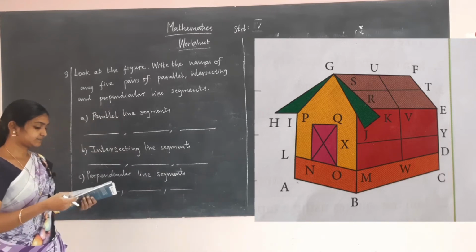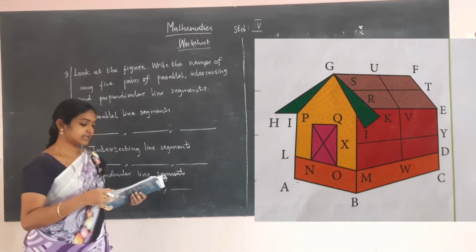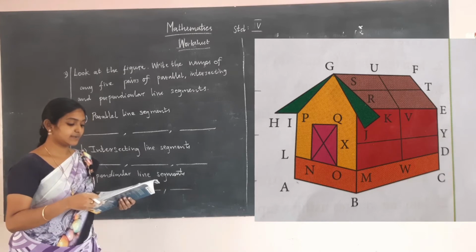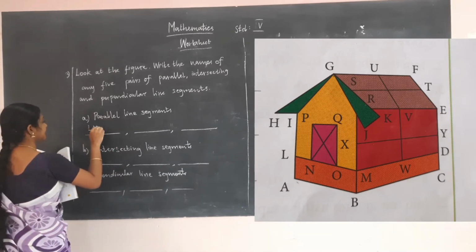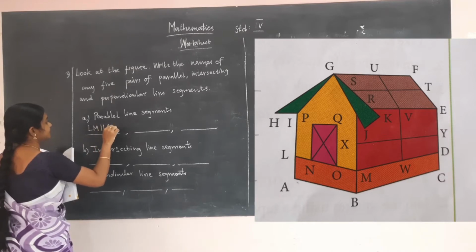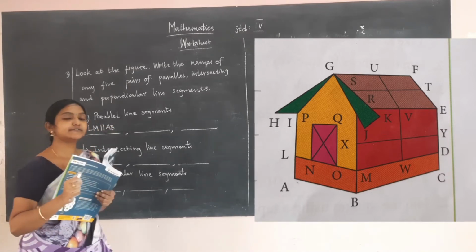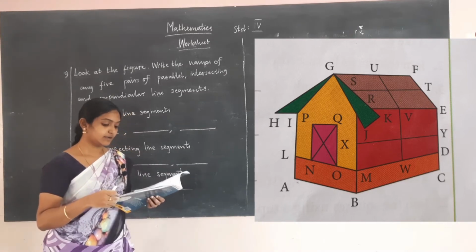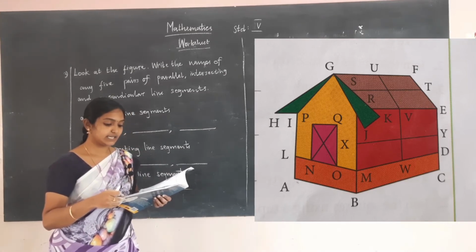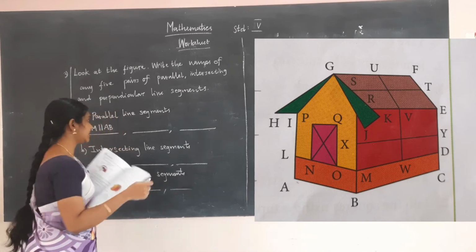Parallel lines. You can see that LM and AB are parallel lines. That is LM is parallel to AB because even if we extend them, they won't intersect. Next, MD and BC are parallel lines.